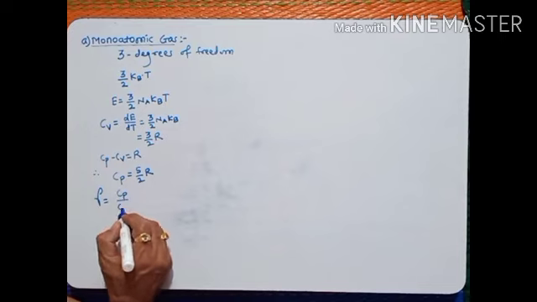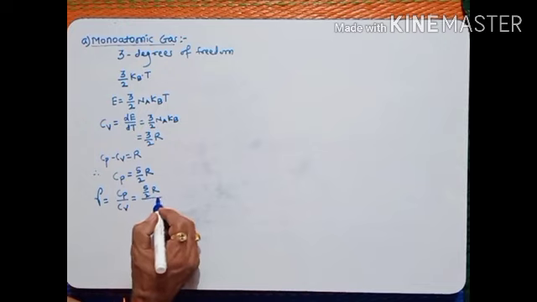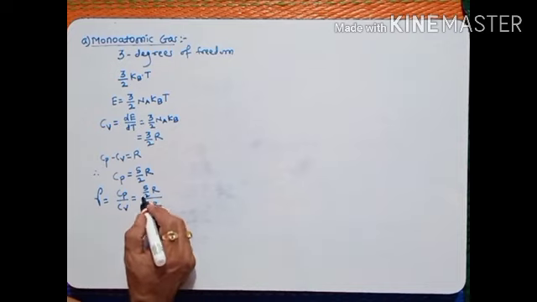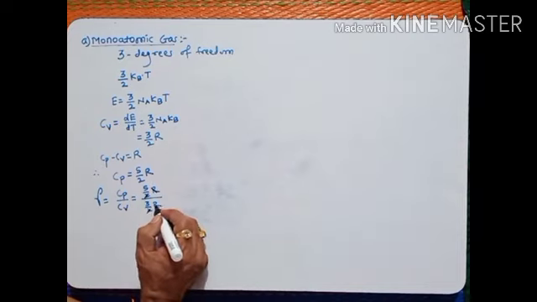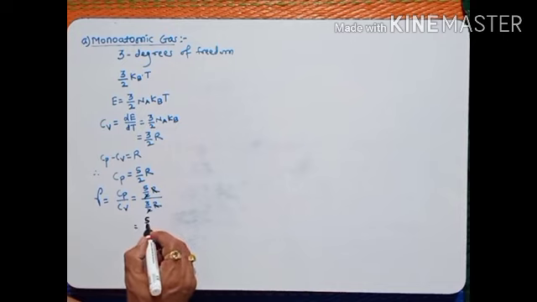Gamma is equal to Cp upon Cv is equal to 5 by 2 R divided by 3 by 2 R. Here this 2 gets cancelled, R gets cancelled, and we get Cp upon Cv is equal to 5 by 3. This is the adiabatic constant for monoatomic gas.